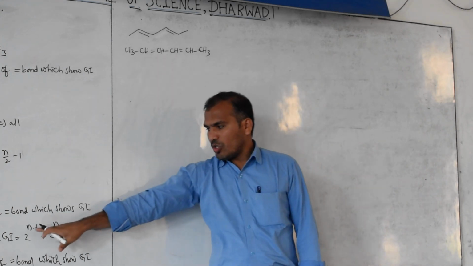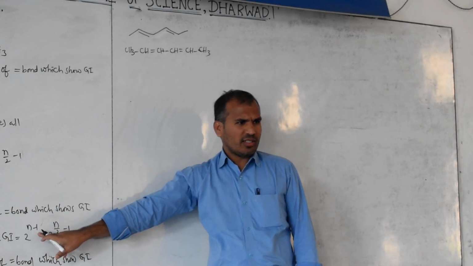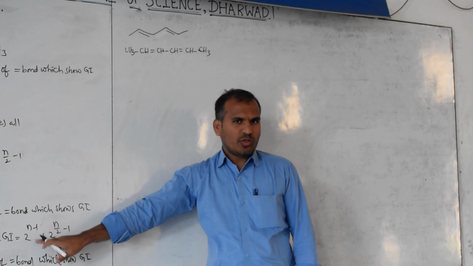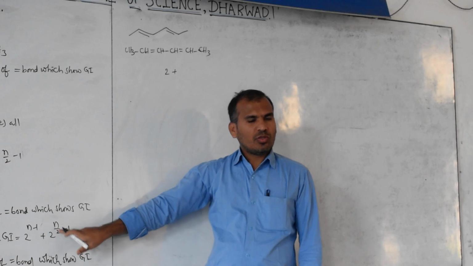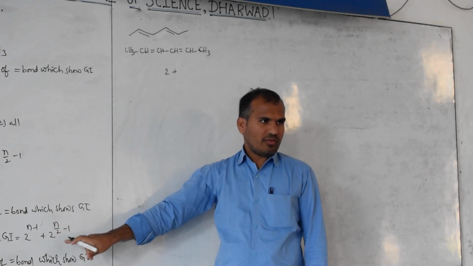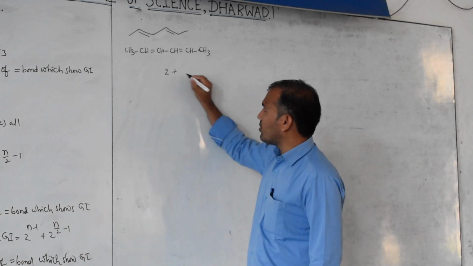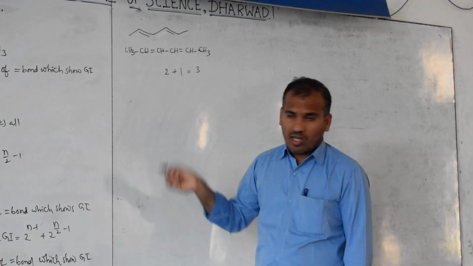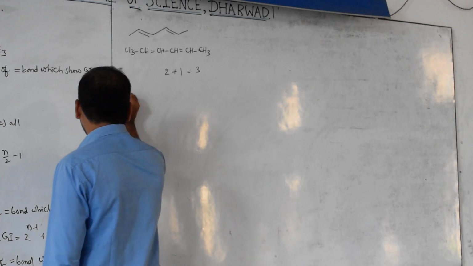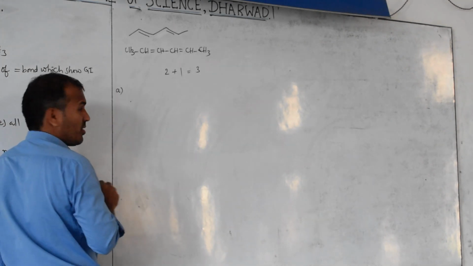Put in this formula: 2 minus 1, 1, then 2 power 1, 2. Then plus 2 by 2, 1. 1 minus 1, 0. 2 power 0, 1. Then total how many possible? 3. Now, what are the possibilities of these 3? What are the possibilities of these 3?